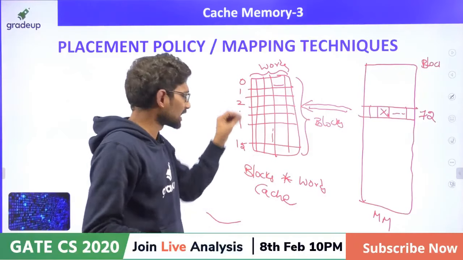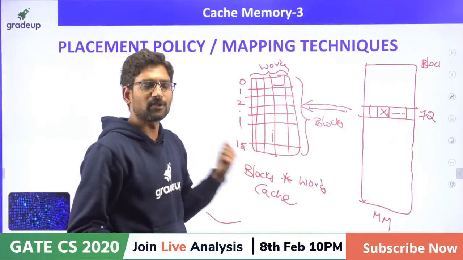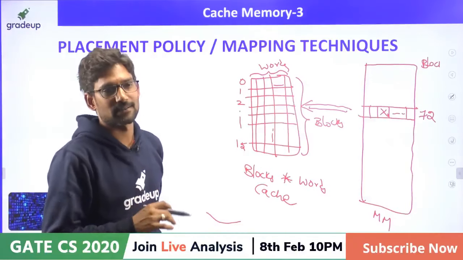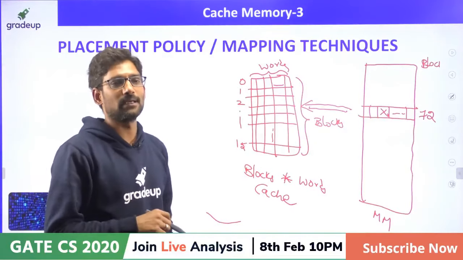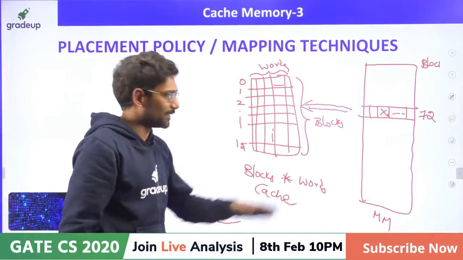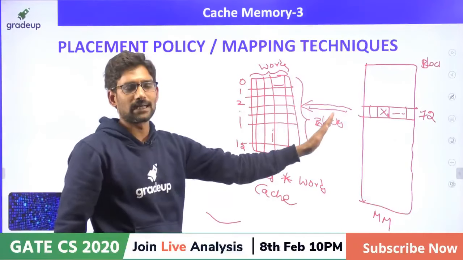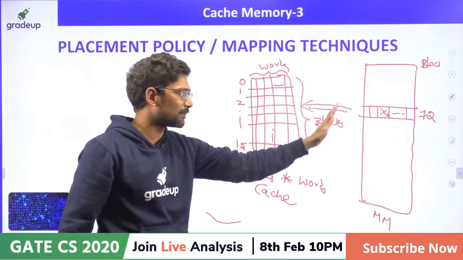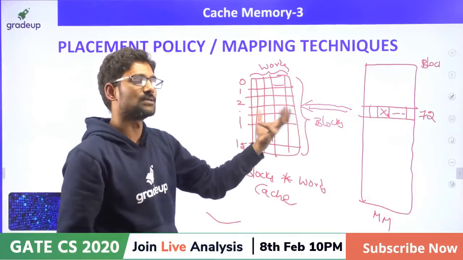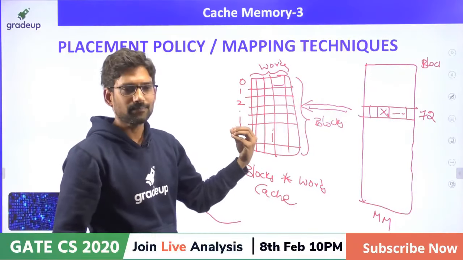How can you say second, 5th block, 9th block? So how do you decide the place in cache memory? That is what we call placement policy. Mapping: when anything gets transferred from one memory to another memory, the address also gets translated. This is what we call mapping.